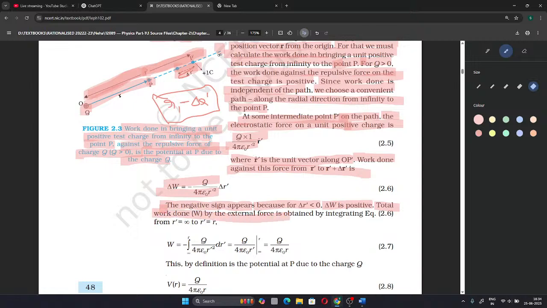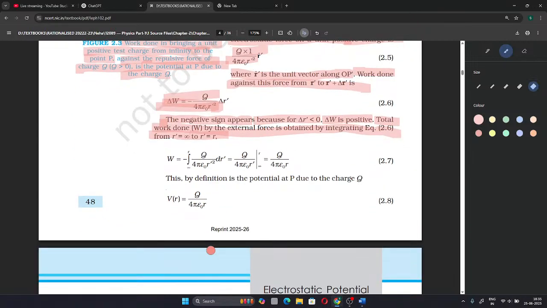Total work done by the external force is obtained by integrating equation 2.6 from infinity to R' equals R, where R' is the distance between the test charge and the main charge. So integrate it.